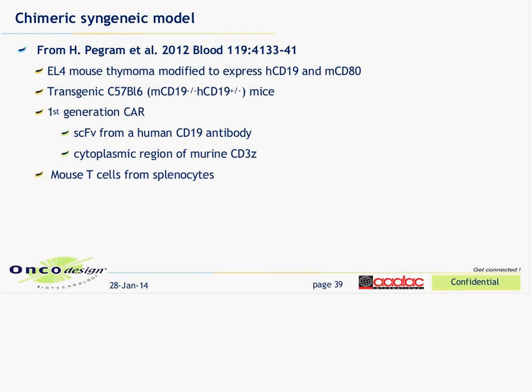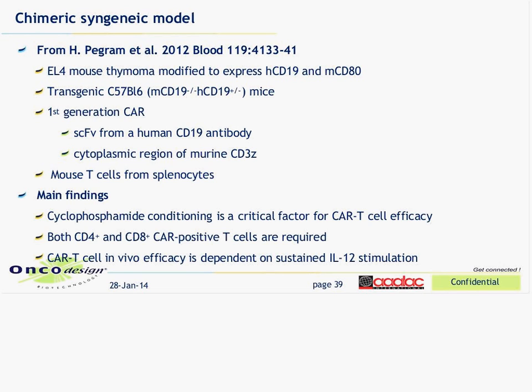In that case, again, the effector cells are from the mouse, so the T cells from the splenocytes. Again, the authors have demonstrated that conditioning of the animals before transfusion of CAR T cells really affects the efficacy of these CAR T cells. So they have tested cyclophosphamide as a preconditioning regimen.